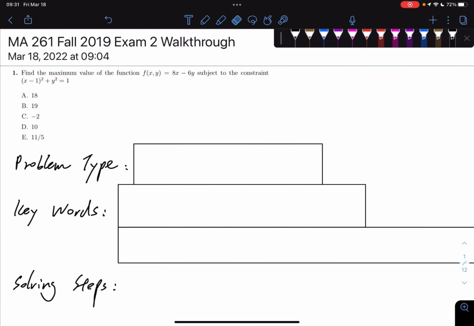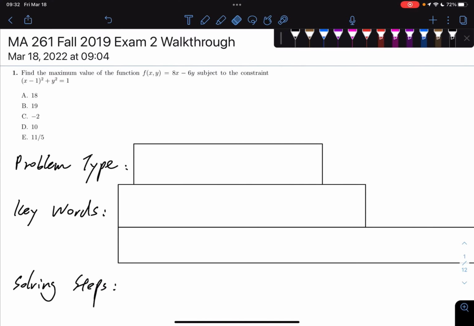In terms of finding the maximum value, minimum value, aka the extrema of the function, we have three different types of problems. One is finding the local extrema, and also we have finding the absolute extrema.